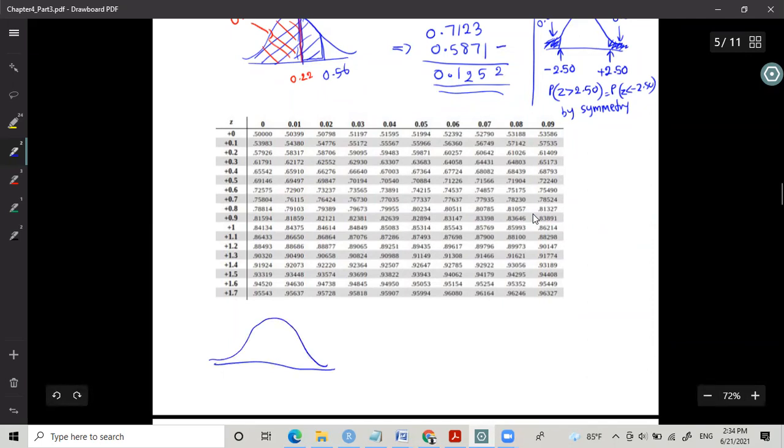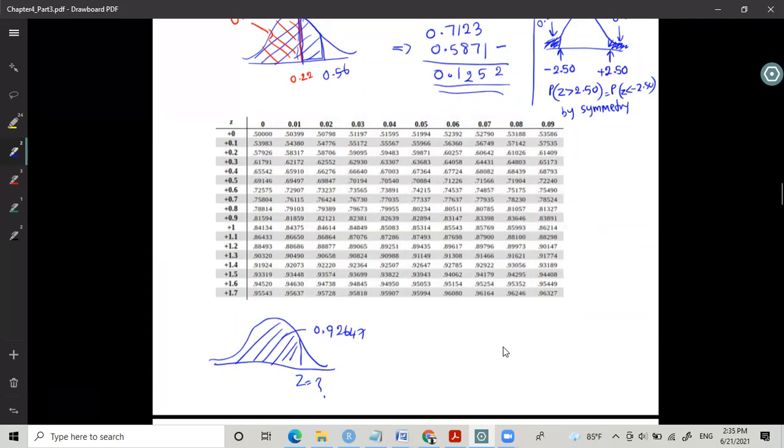Suppose you want to find the z-score where the area to the left is, let's say, 0.92647. I want the z-score where the area to the left is 0.92647. How do you do that?